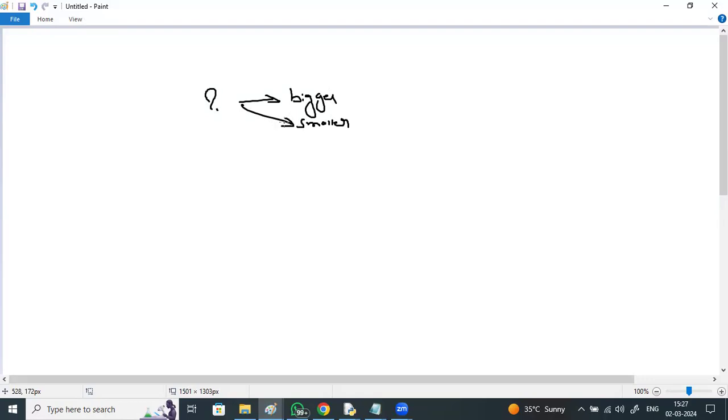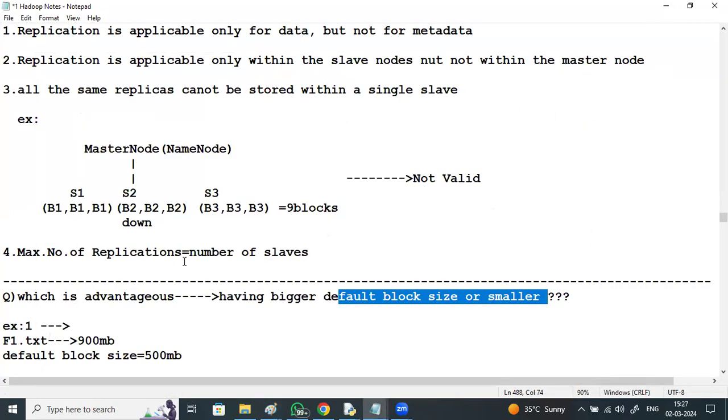Smaller, I think. Okay. We'll take one example on bigger and one example on smaller, and compare which one is advantageous.